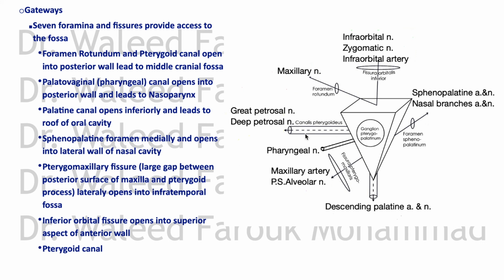Now, posteriorly, as I showed you in the last specimen, there was the opening of the pterygoid canal that contains the greater petrosal and deep petrosal nerves, which join together to form the nerve of the pterygoid canal.